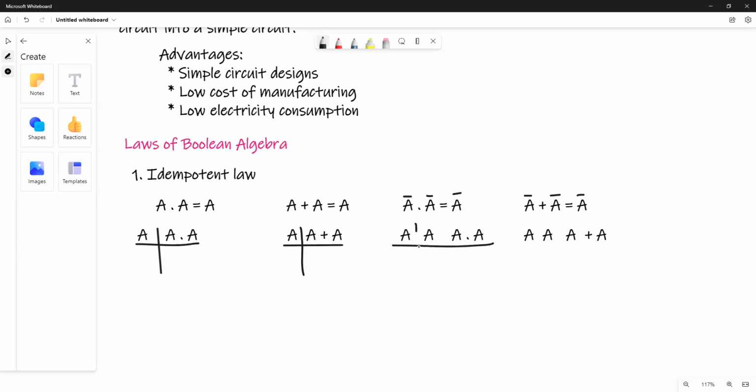Here we will get A, and then we get A bar, and then we multiply A bar with A bar. Check the answer. Similarly, here also we have A, we have A bar, then you add A bar plus A bar.